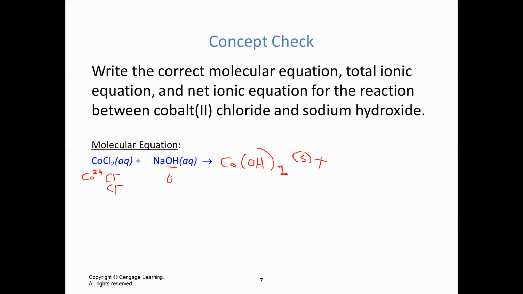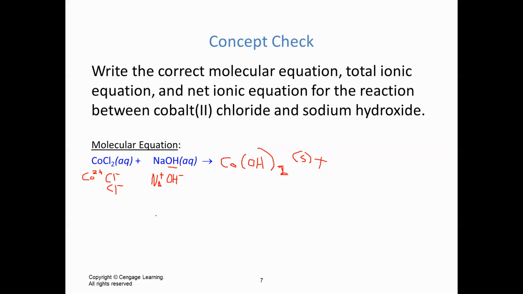And our hydroxides are 1 minus, sodium's 1 plus, and so it would take 2 hydroxides to cancel out the charge on that 1 cobalt.